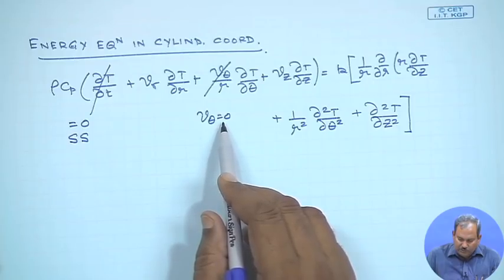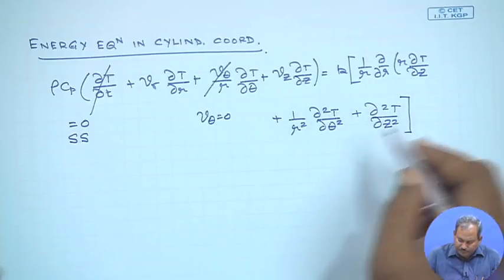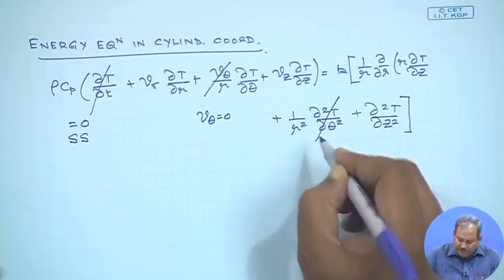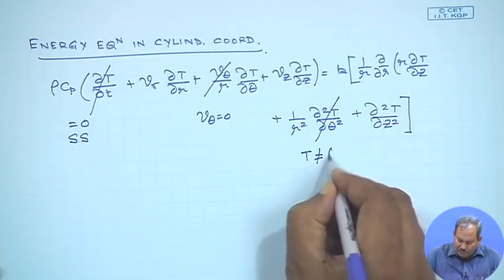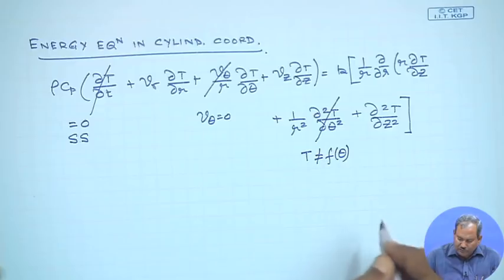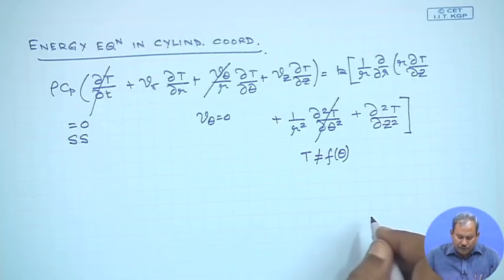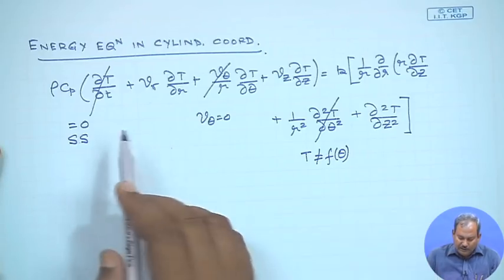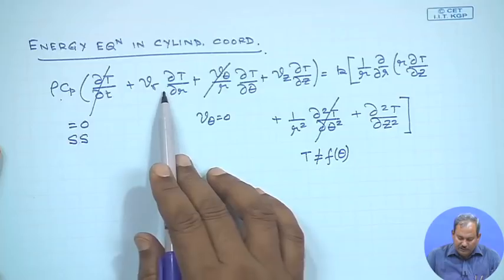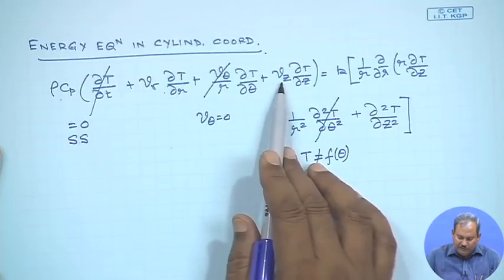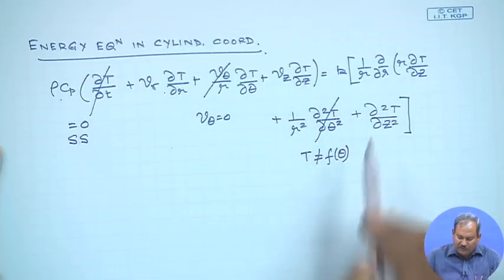So, this part would be equal to 0, and T is not a function of theta. So, therefore, this term would also be equal to 0. So, what I end up with is the equation where rho Cp, del T del r, Vz del T del r and all these terms.